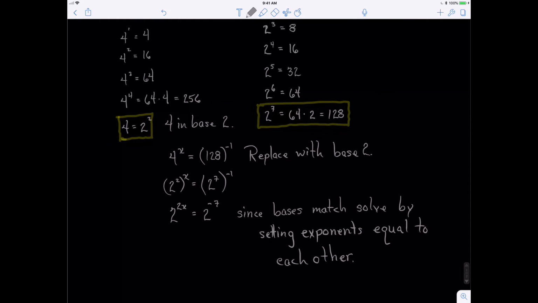I started the sentence here with since, but you might also want to write once the bases match, because you can't do that until the bases match.